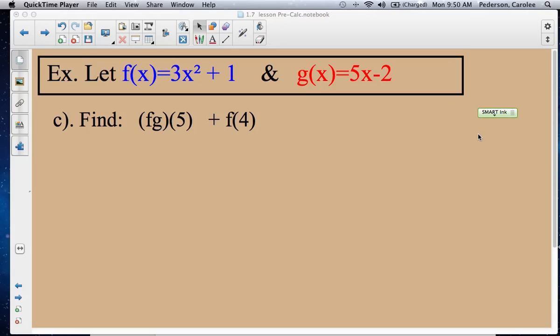All right, take care of the first thing. F times g. So we're going to multiply the blue and the red function together.